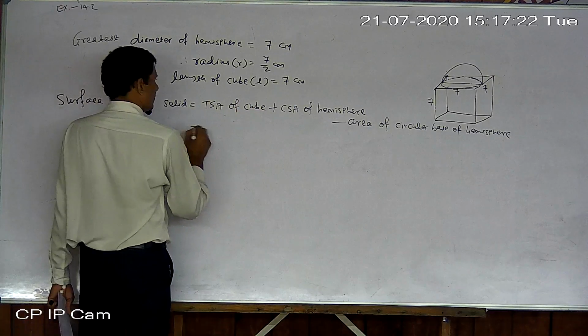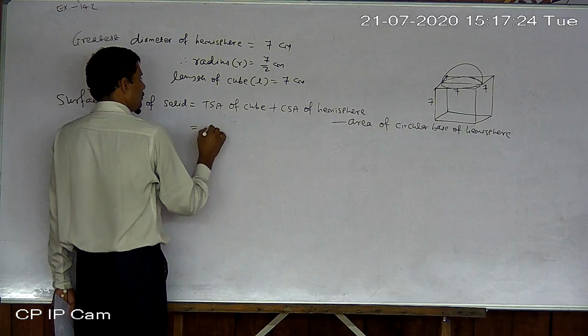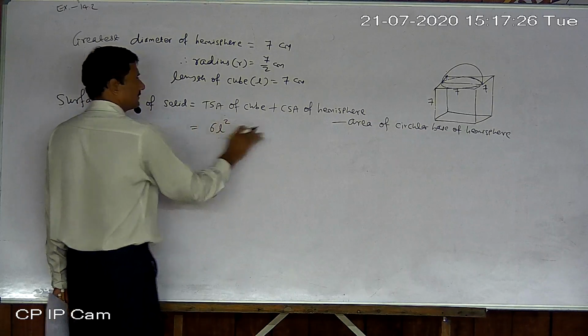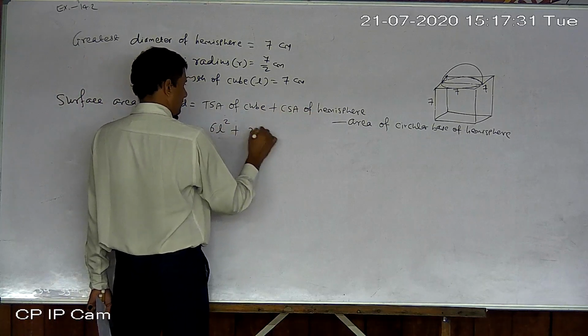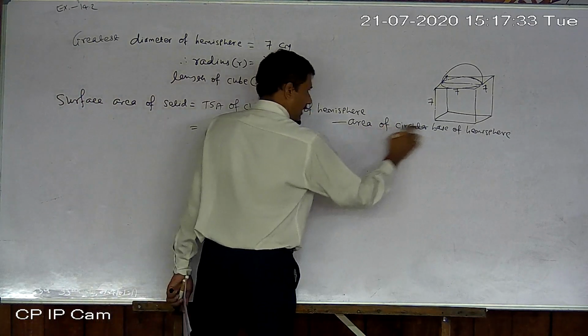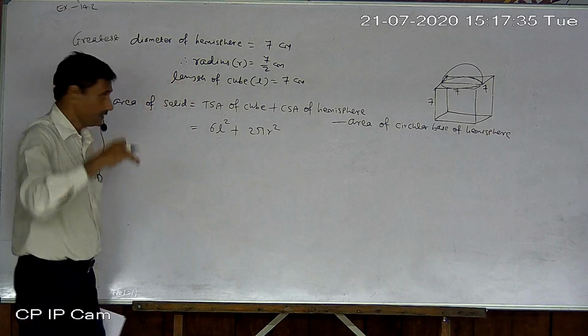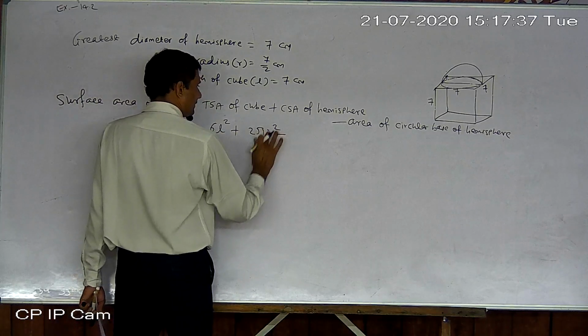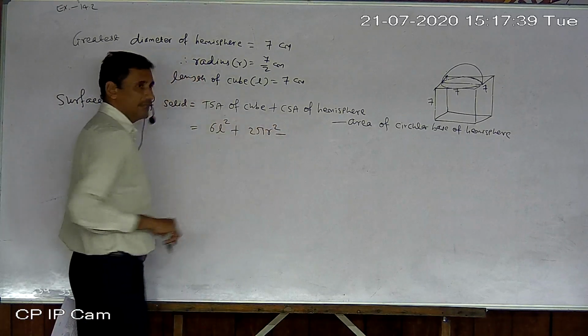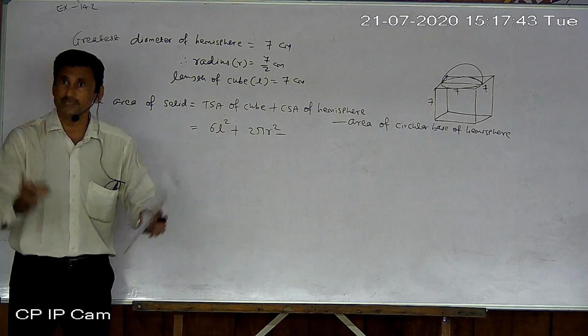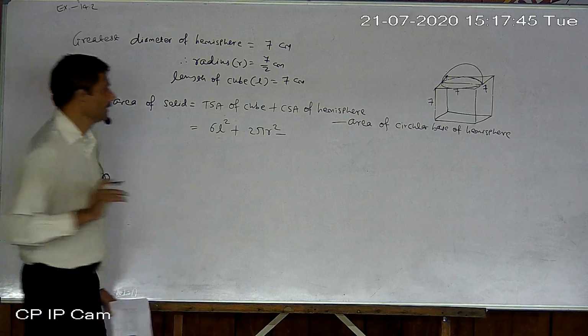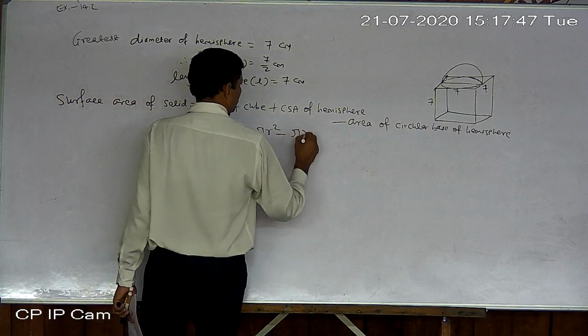Now place the values. TSA of cube, you know, is 6l square. CSA of hemisphere, you know, is 2 pi r square. Area of circle is subtracted. Why subtracted? I already explained that: because that part is not visible. What is visible is the radius r, so that is pi r square.